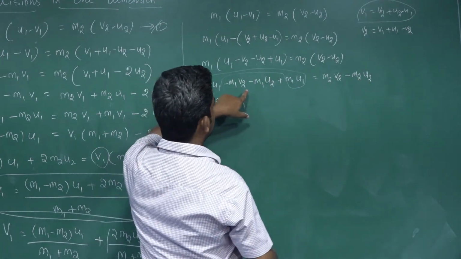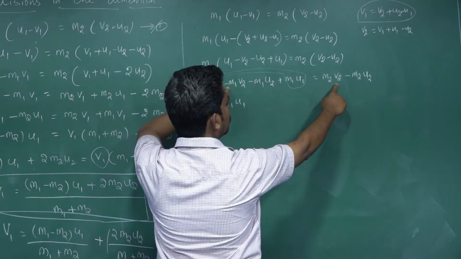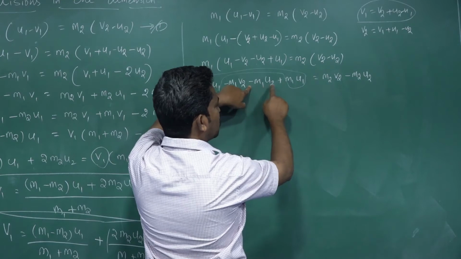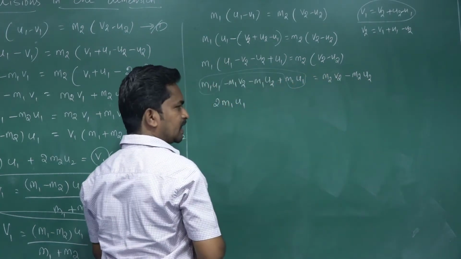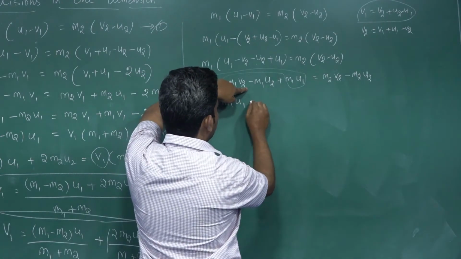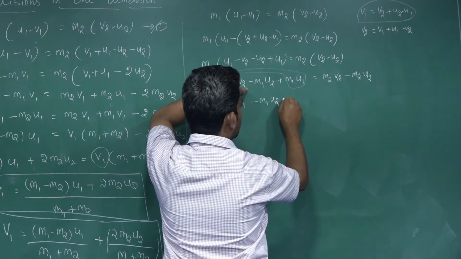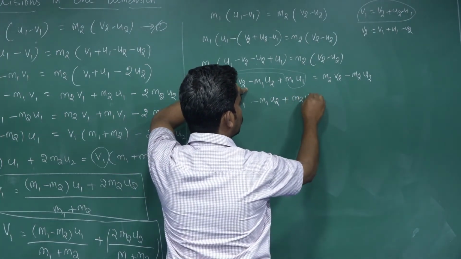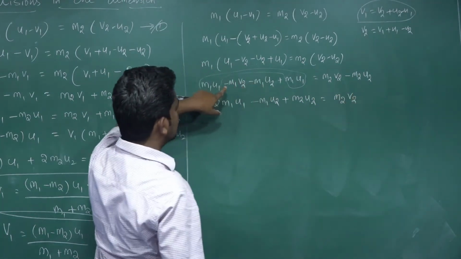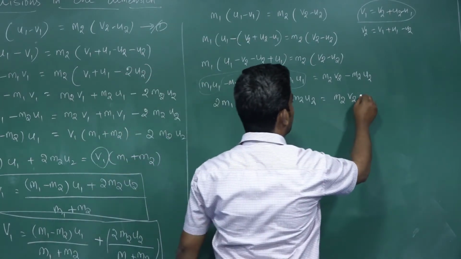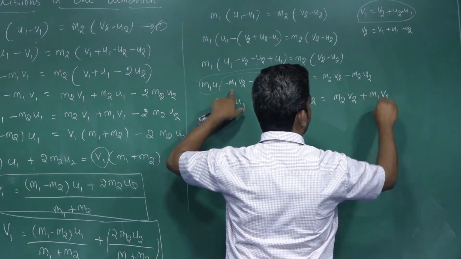So here the common factor is v2. Negative values go to the other side and become positive. This is minus m1 u2, this is minus m2 u2, so these negative values go to the other side, so positive. Here minus m1 u2, and the positive m2 u2 is equal to m2 v2, and this negative value goes to the other side, so positive plus m1 v2.